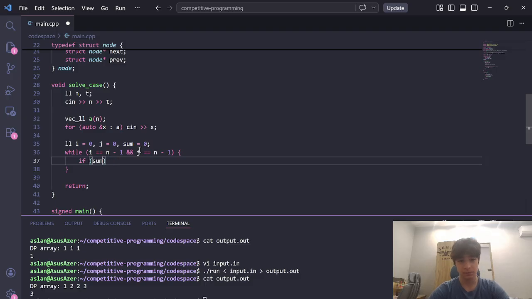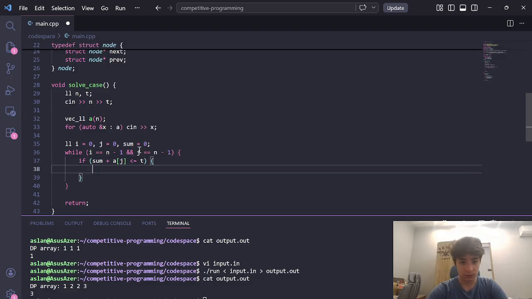No, let's just sum plus a[j], is less than or equal to t.